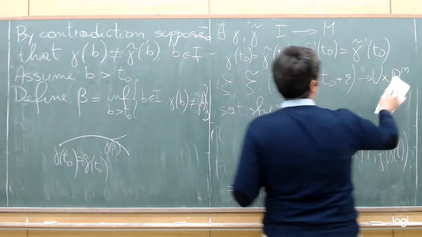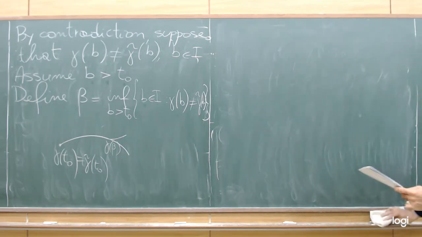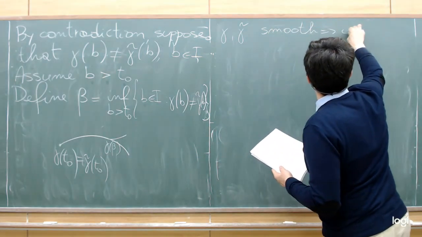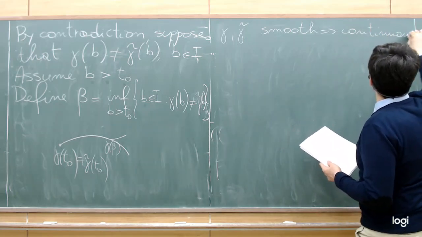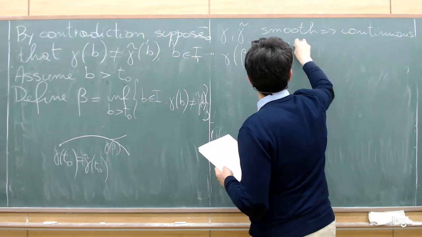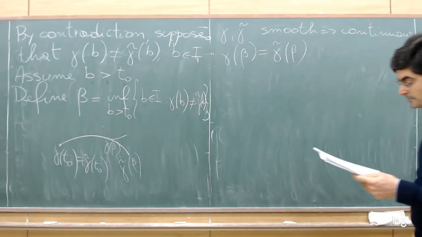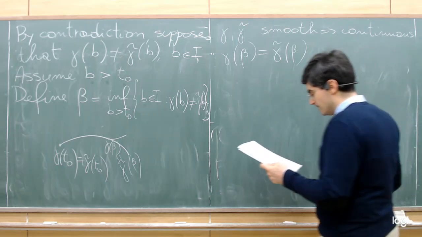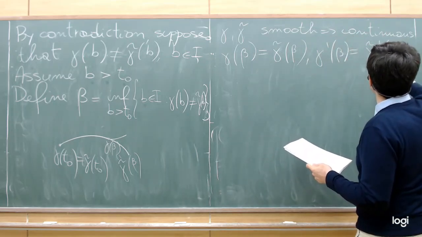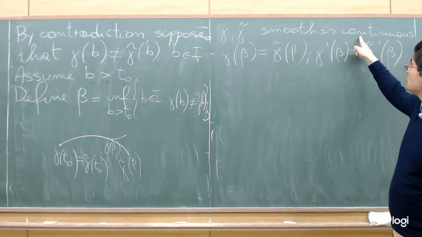Now we can use the fact that gamma, gamma tilde are smooth, in particular continuous, to say that gamma(beta) coincides with gamma tilde(beta). And gamma'(beta) equal gamma tilde'(beta). This follows from the continuity of gamma prime.